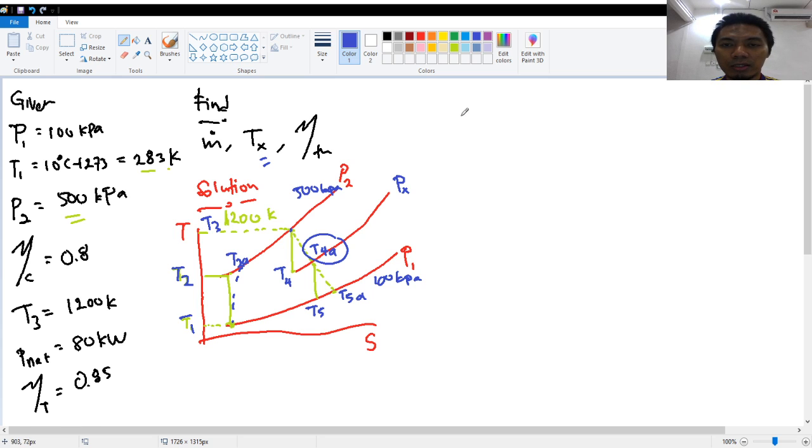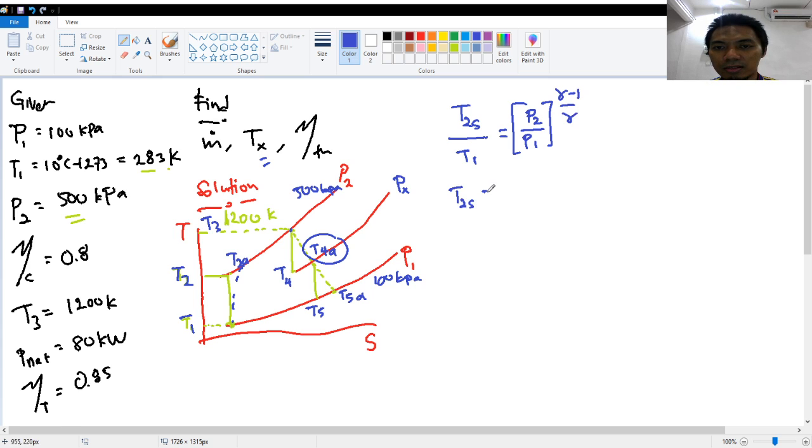This is the basic formula where you can find that T2S divided by T1 equals P2 over P1 to the power of lambda minus 1 over lambda. You can find the T2S. What is your T2S?